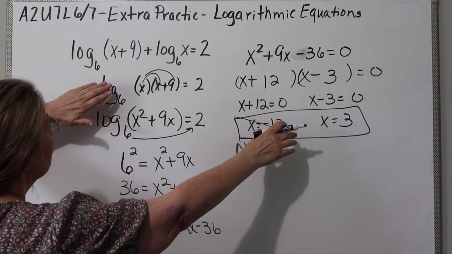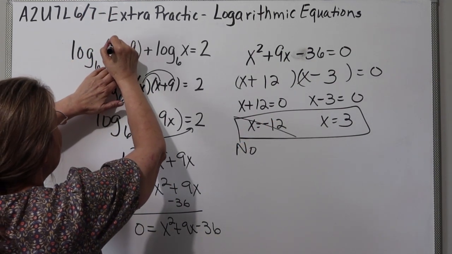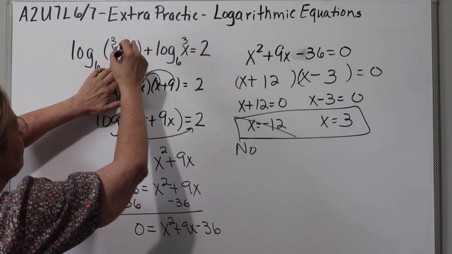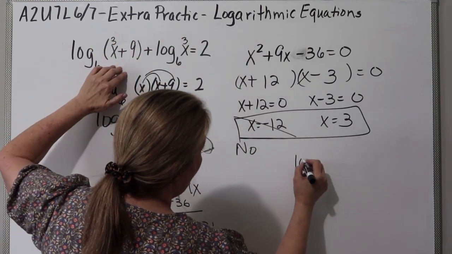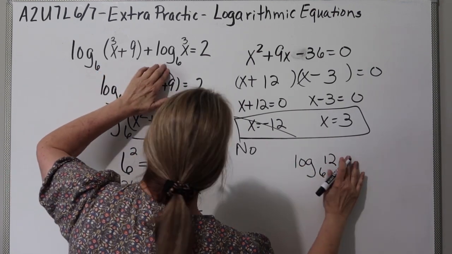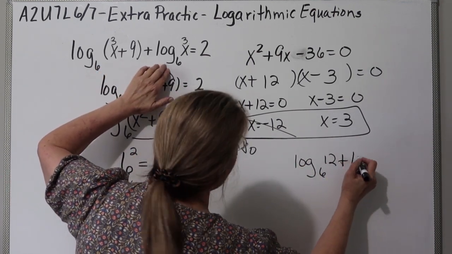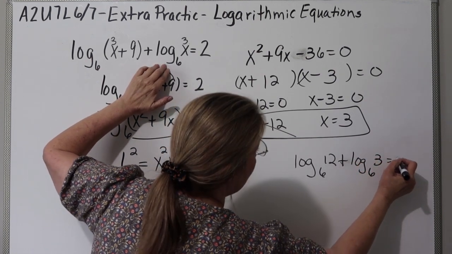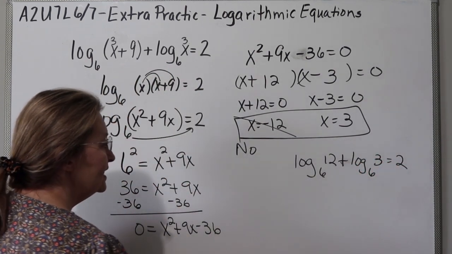All right, let's try 3. If I take 3 and I fill it in up here for both of these x's, I get 9 plus 3 is 12, so I've got log base 6 of 12 plus log base 6 of 3 equals 2. Now let's condense.